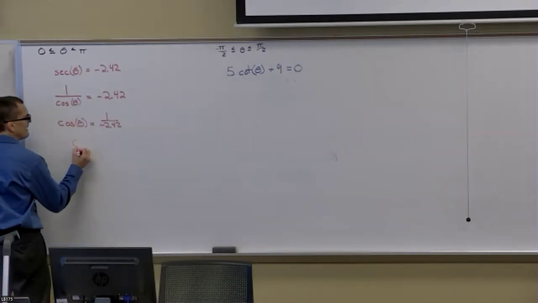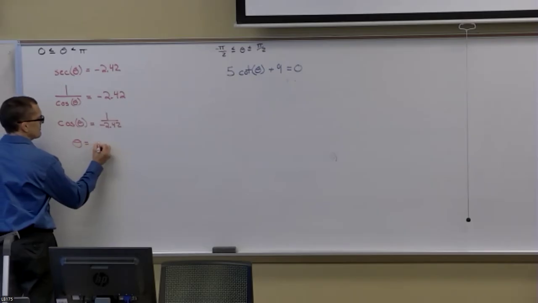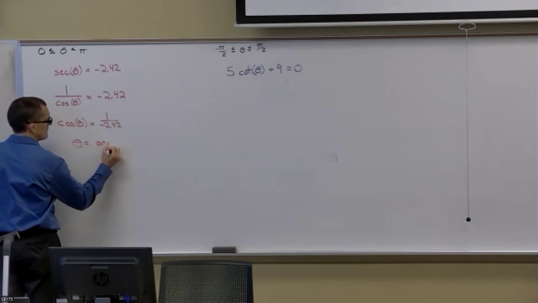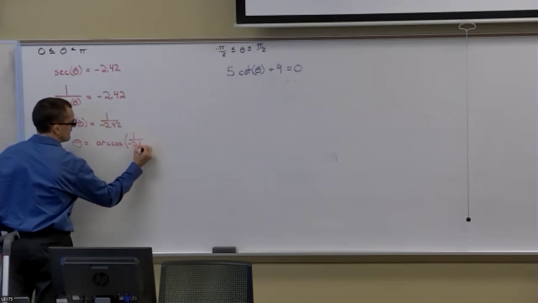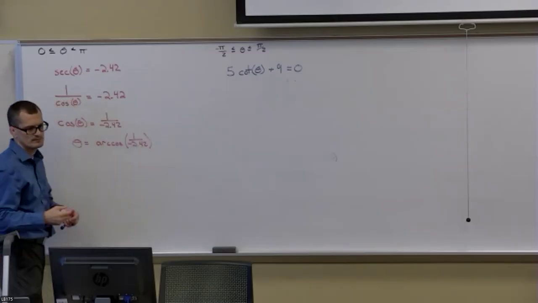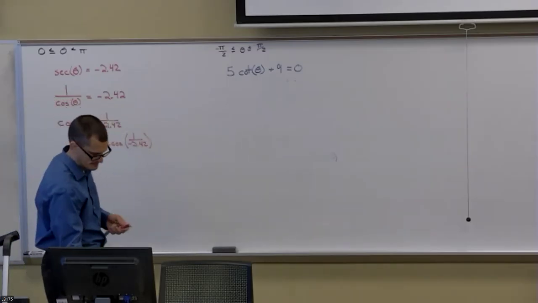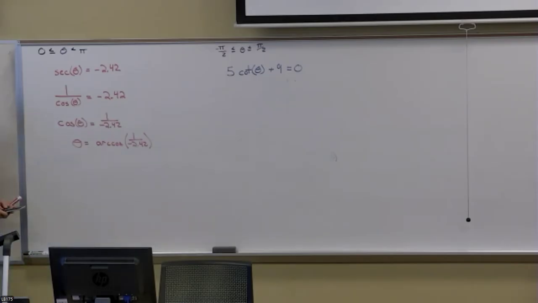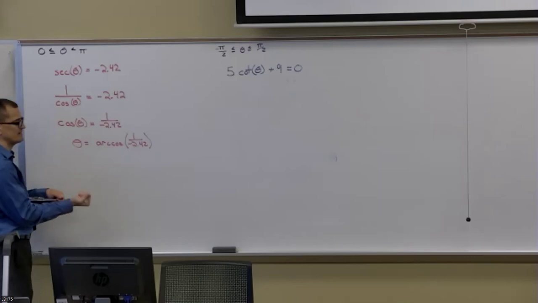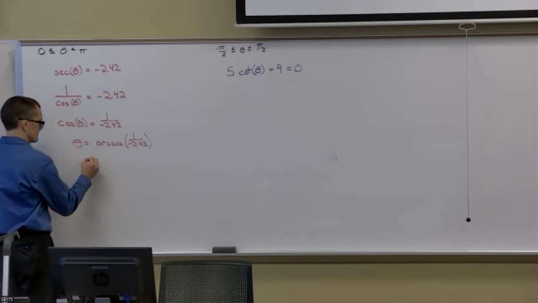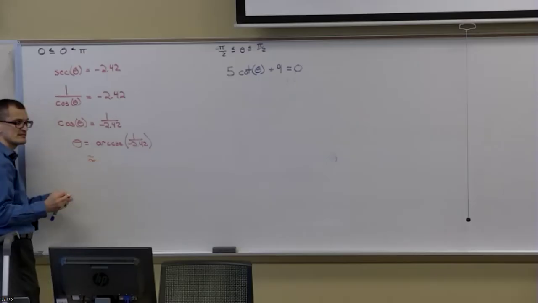And so then theta becomes the inverse cosine or the arc cosine of 1 over negative 2.42. When I did that, when I round to 2 decimal places, I actually get 2.00. It's 1.996, so that 99 would round up.